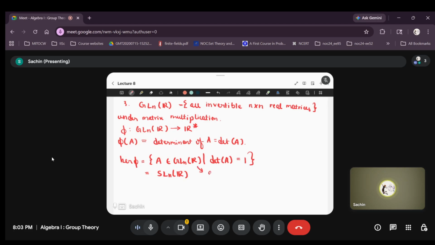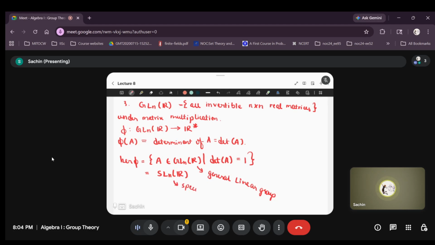This is the general linear group. So this was the set of all invertible n by n real matrices. That is, the determinant was not zero, that was the condition. All matrices with non-zero determinant are in GL_n(R).